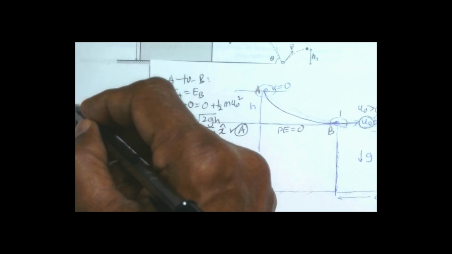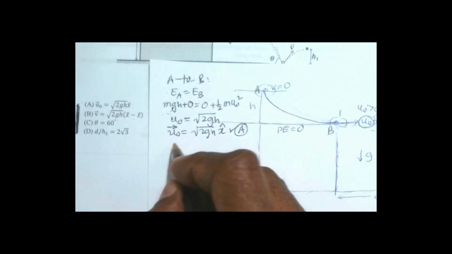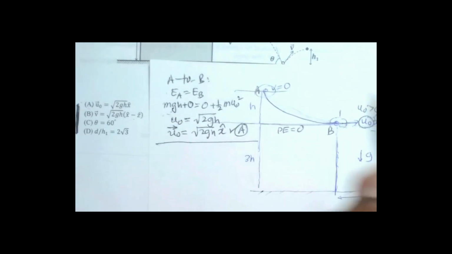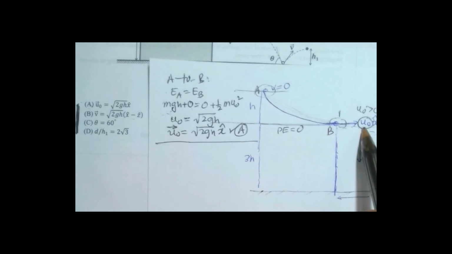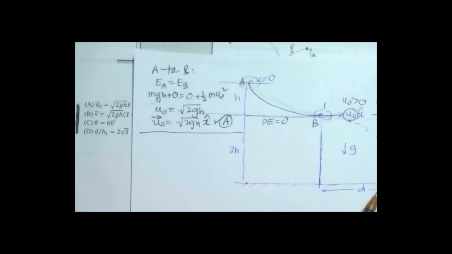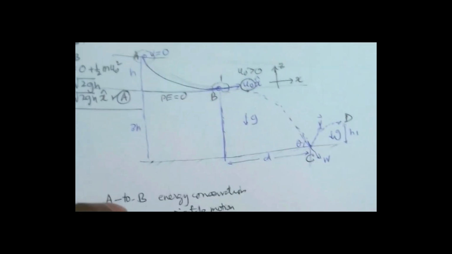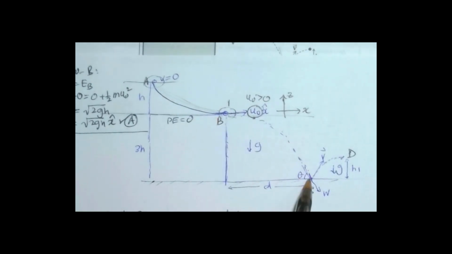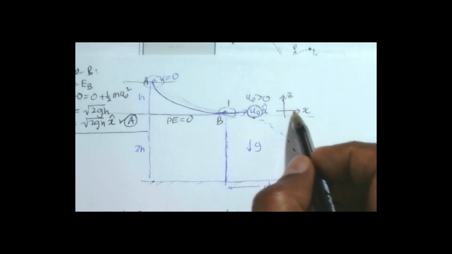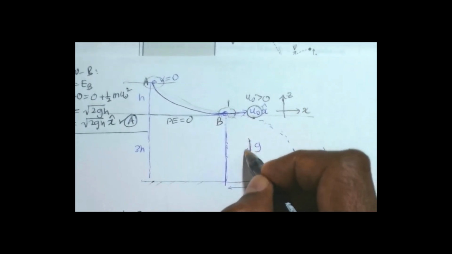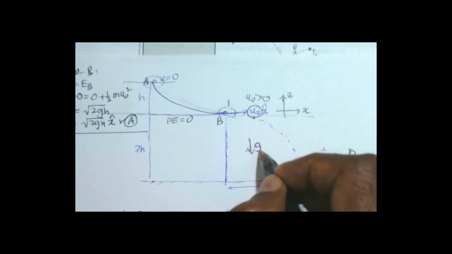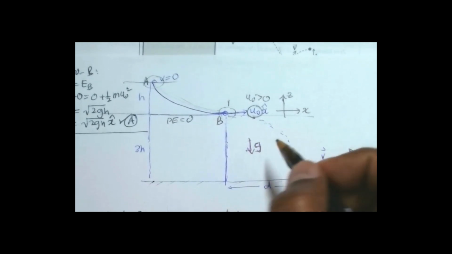So A is correct. Now that we know u naught, we can try to address B to C motion. You can see the acceleration is only along the z-axis.